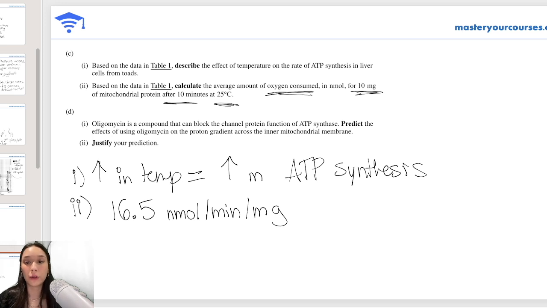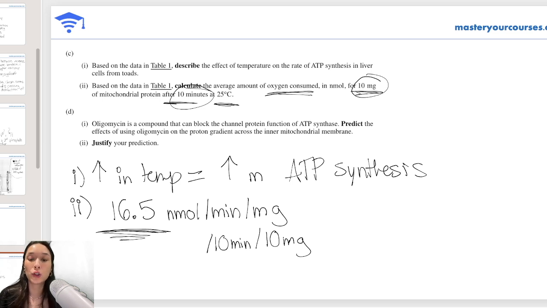Now they're asking you for 10 milligrams for 10 minutes. So we're looking at 10 minutes and 10 milligrams, and you're looking for how the 16.5 would change. For this one, you would multiply it by 10 and then multiply it by 10 again, because here you're looking at 1 minute, but now you're looking at 10 minutes. So multiply by 10.